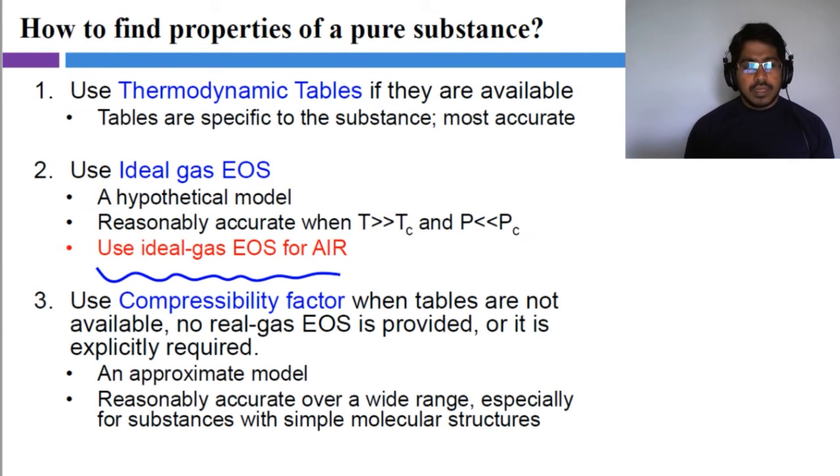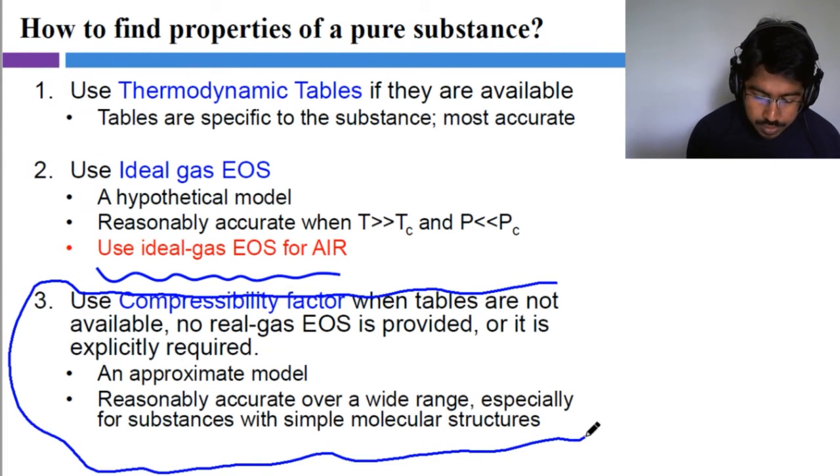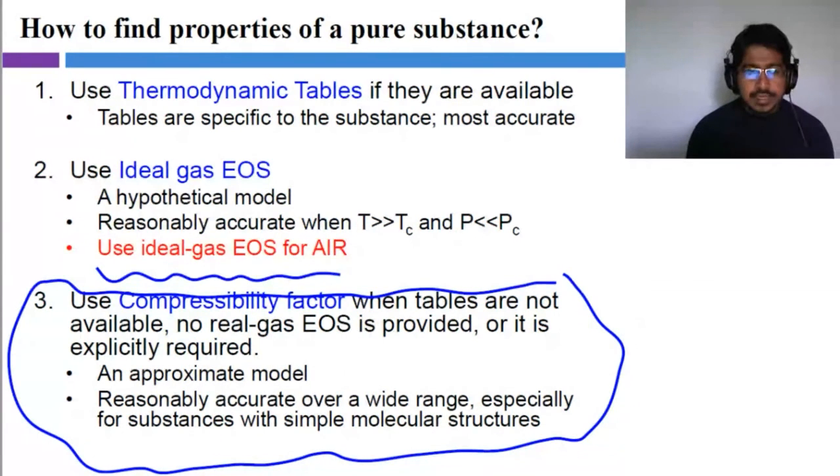And when we don't have ideal gas behavior, and still we don't have the tables, then we have another model including a compressibility factor to account for the deviations from the ideal behavior. So the third model we have not discussed yet.